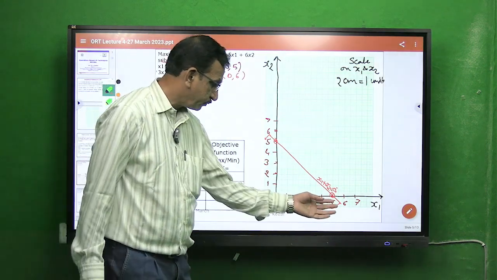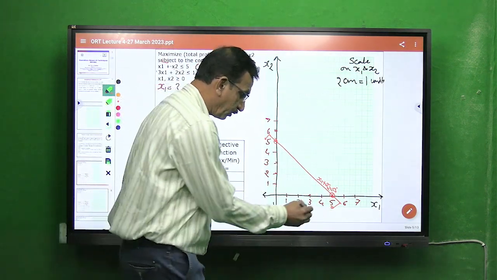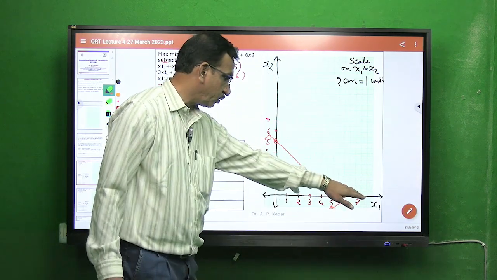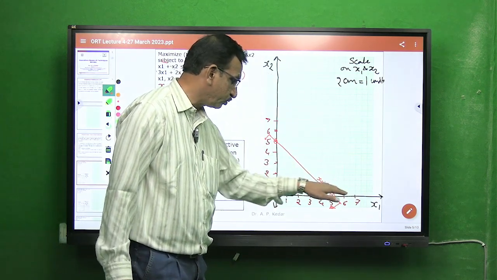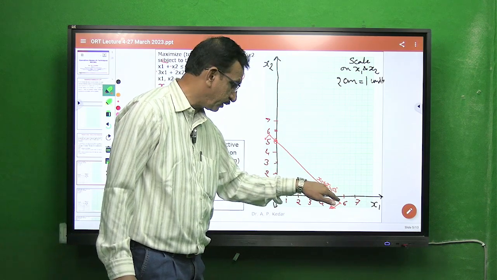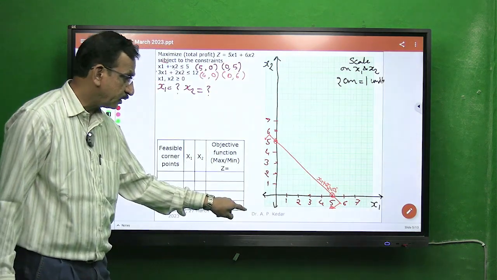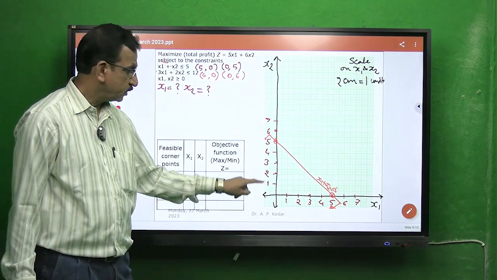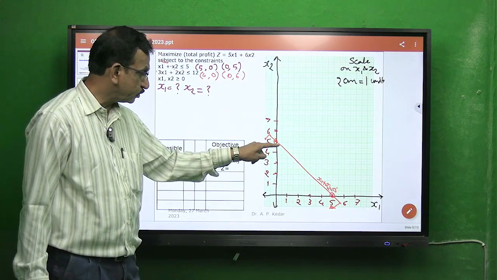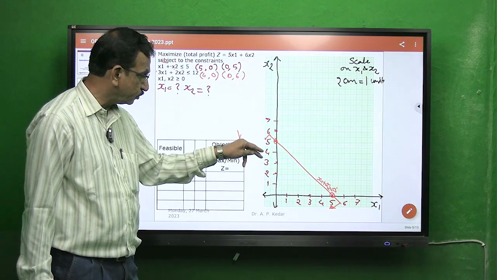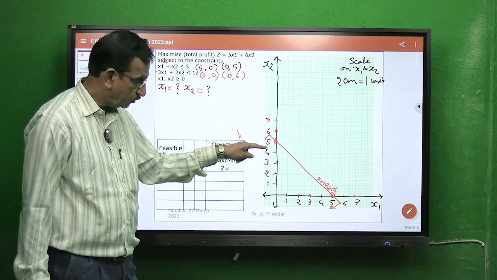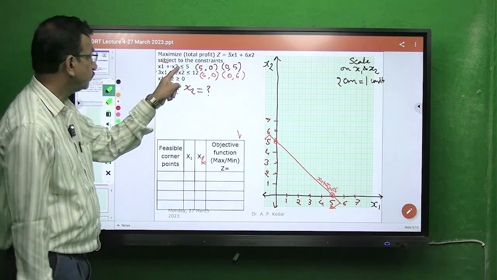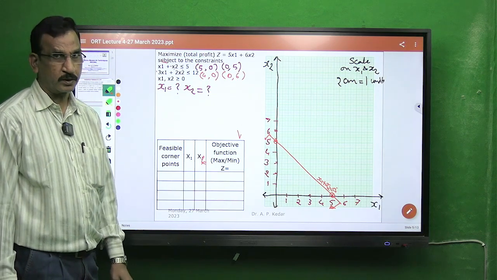See here, drawing this arrow indicates all values of this line hold good for all values of x1 with a maximum of 5 and less than 5. Similarly, this line holds good for all values of x2, maximum 5, remaining less than 5. So that is how you have to treat this particular less than or equal to sign.